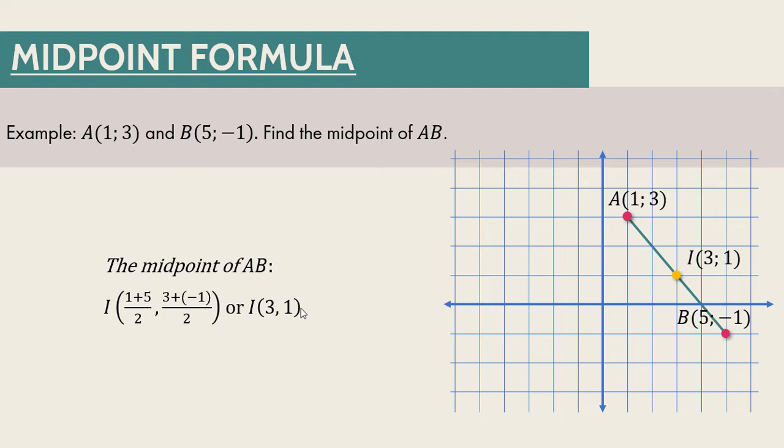If we simplify the values, we get that the x-coordinate of I is 3 and the y-coordinate of I is 1. So the formula agrees with what we can see on the Cartesian plane. It works and the formula is confirmed.